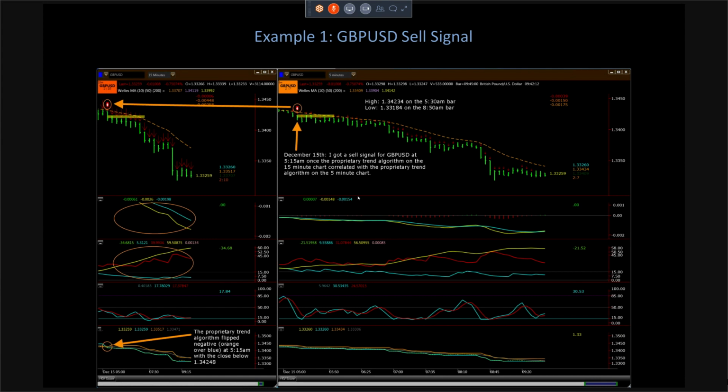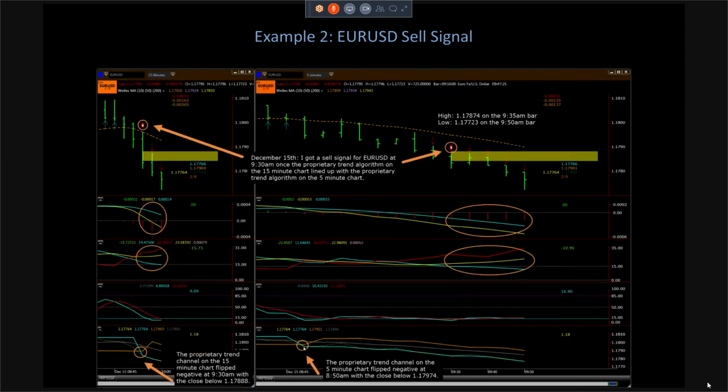If I go to another example, you can see here a euro dollar at 8:50. The 5-minute time frame on my algorithm went negative, and then at 9:30, the 15-minute went negative. And here's the sell signal, and we shorted right within this yellow box. You can see how both MACDs are negative, both ADXs are rising, huge DMI selling pressure.